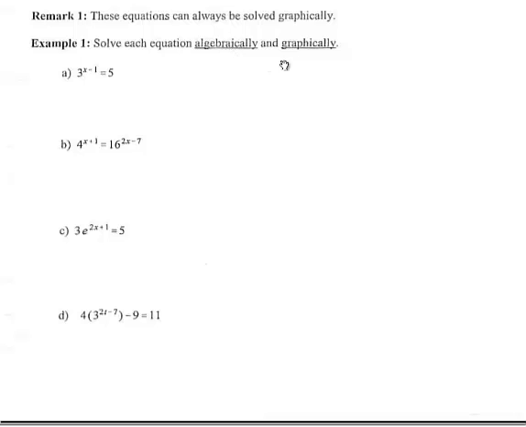We'll solve it algebraically and we'll confirm our answer graphically. If we look at A on the left, we have a base 3 with an exponent x minus 1, and then on the right, we just simply have a constant. So this is exponential equation type 2.